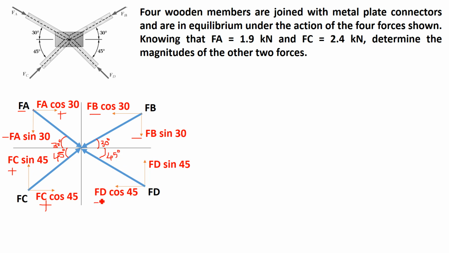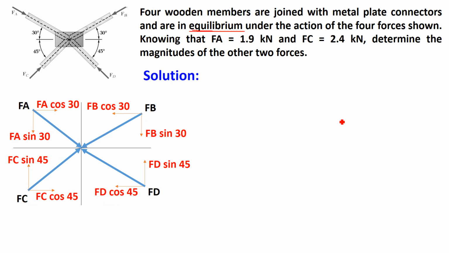Second quadrant means x component is minus, y component is plus: Fd cos 45, Fd sin 45. So all four forces are in inclined directions, so we need to resolve all of them to write down the equations of equilibrium.